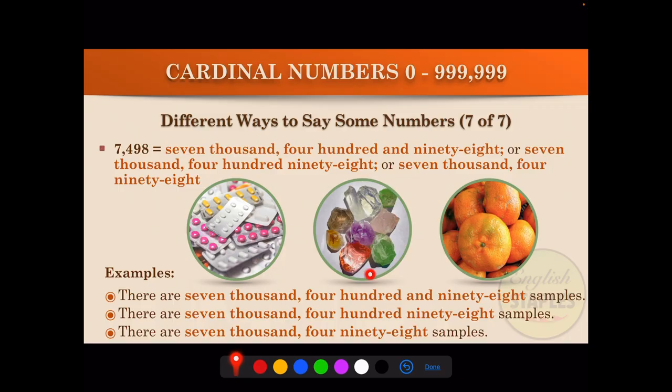We have some samples of some kind of precious stones, it looks like. And we have samples here of tangerines, fruits. So there are 7,498 samples.